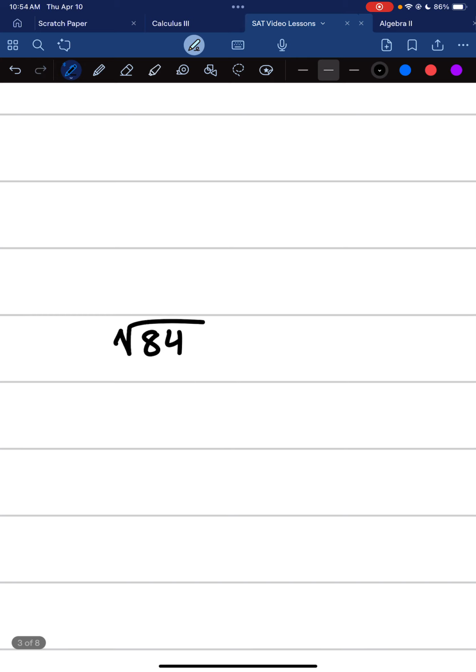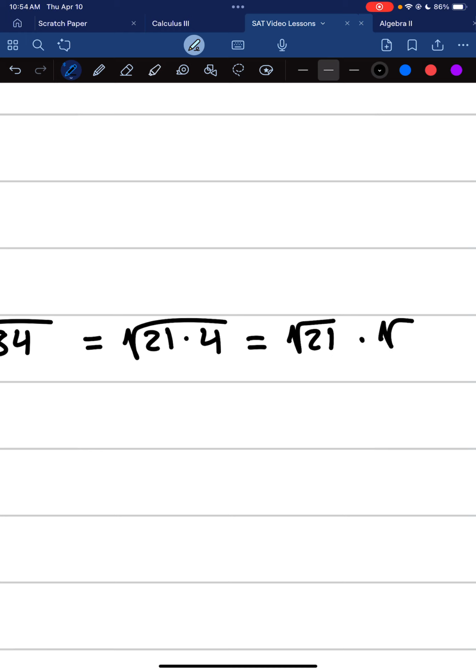So what we could do here to simplify, if we just had the square root of 84 and we wanted to simplify this, we could say that 84 is equal to 21 times 4. And then this would simplify to root 21 times root 4. Root 4 is 2. So we end up with 2 times root 21, and that's a simplified form.